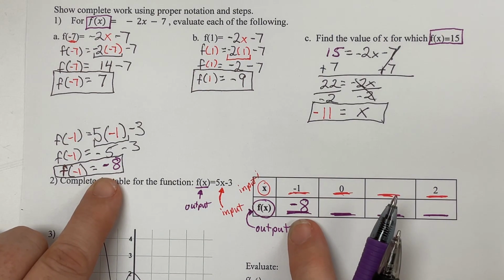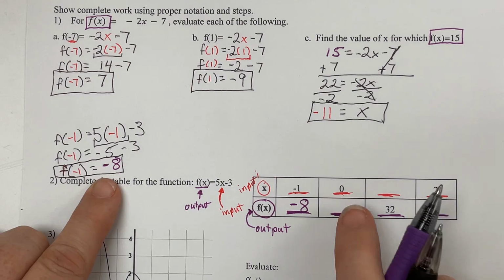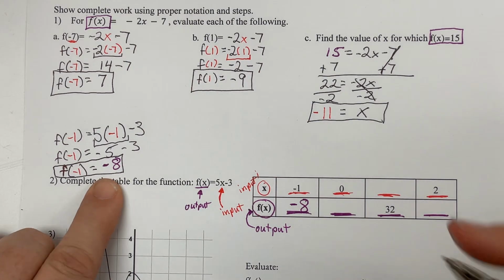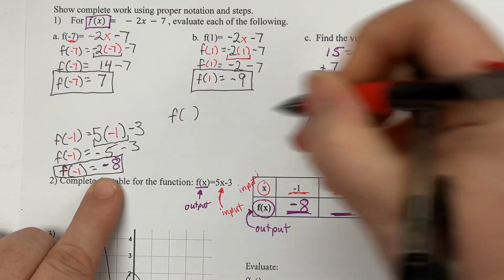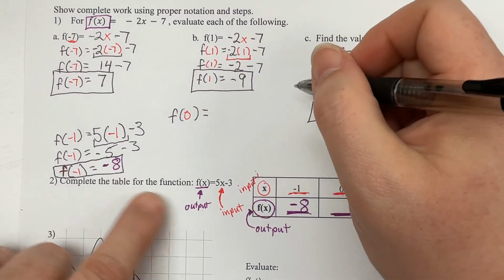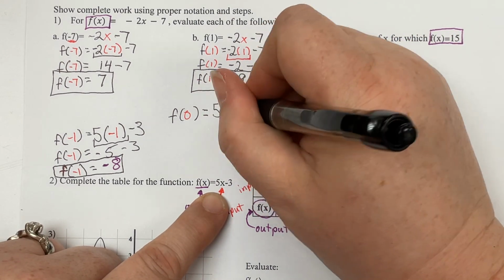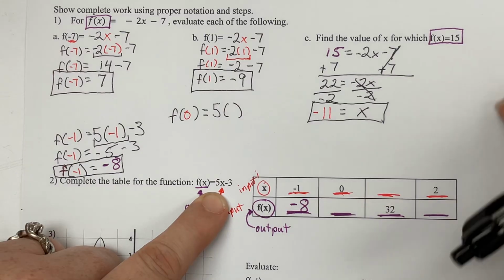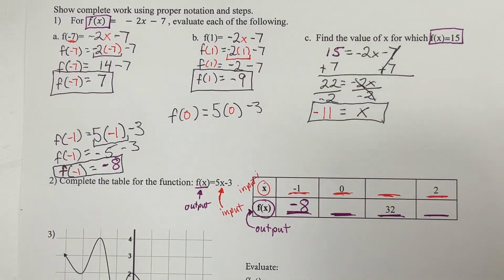Okay, so now we're going to do it again. This time our input is going to be 0. Now I want you to do this one on your own. Please pause me. I'm not that interesting. All right, did you pause? I hope so. I'm just setting up my problem here. 5 times 0 minus 3.